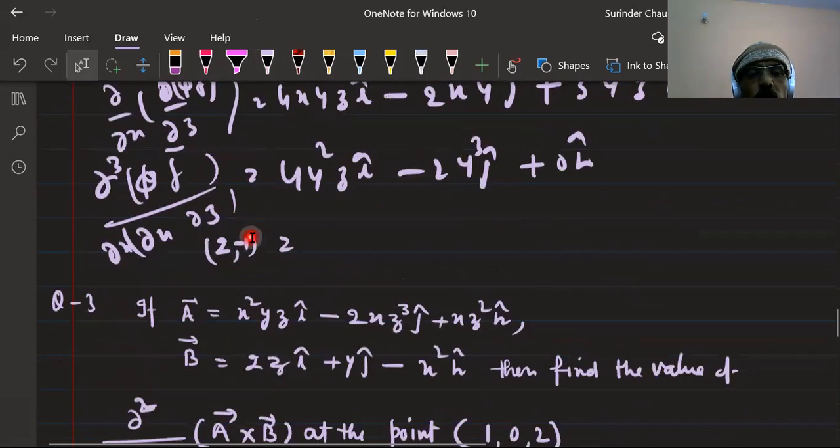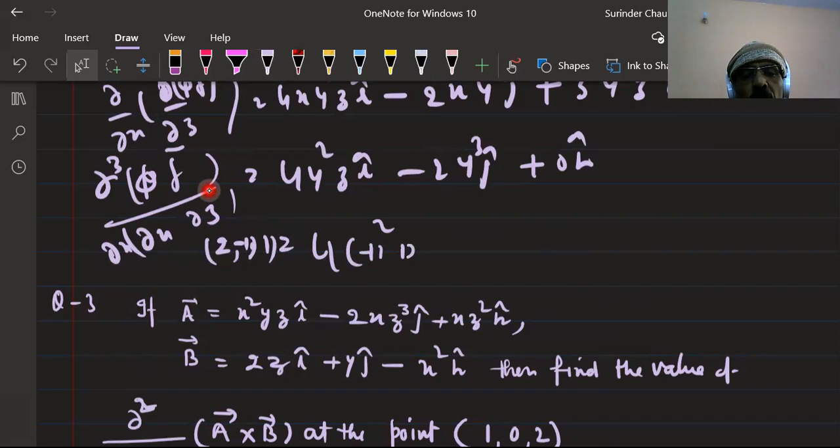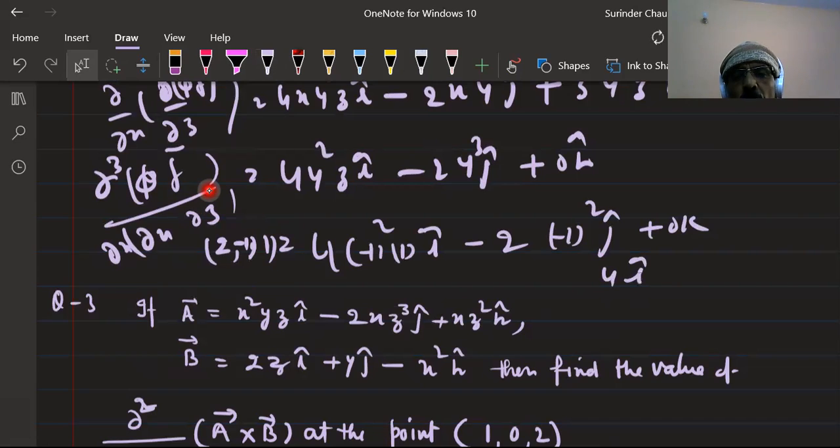The value at (2, -1, 1) would be 4 into x is not there, y is minus 1 squared, z is 1, i minus 2 into (minus 1) cubed j, plus 0 k. So this comes out to be 4 i minus 2 j.